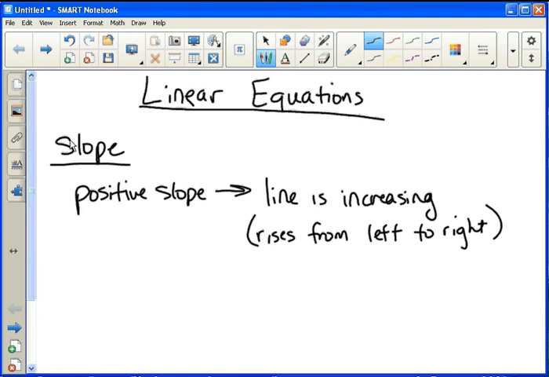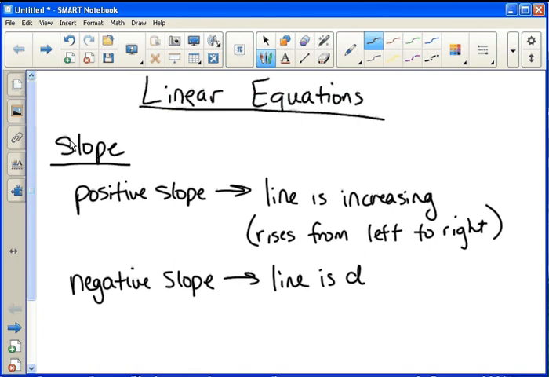A negative slope implies that the line is decreasing, which means it falls from left to right.